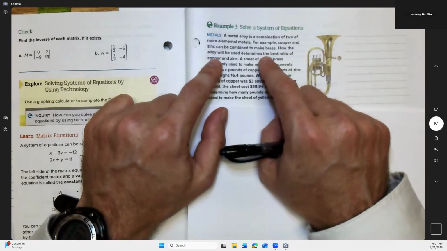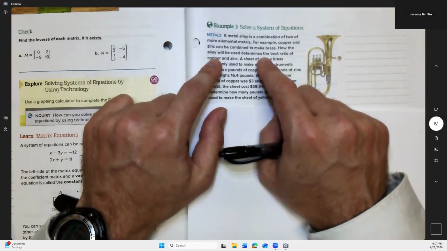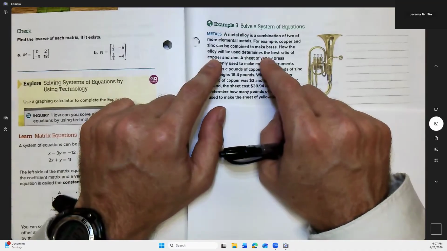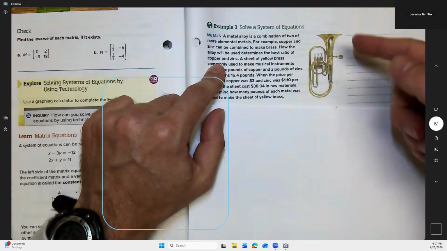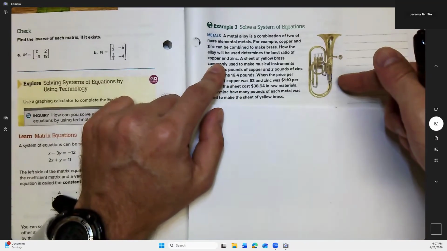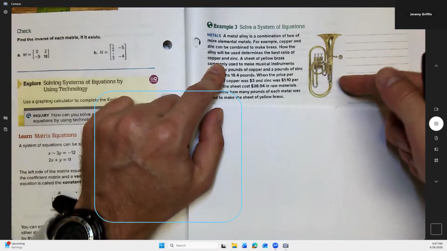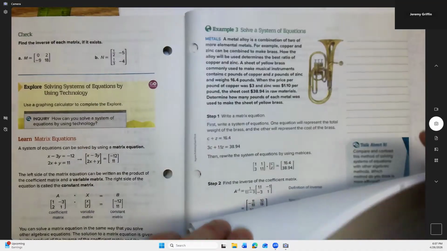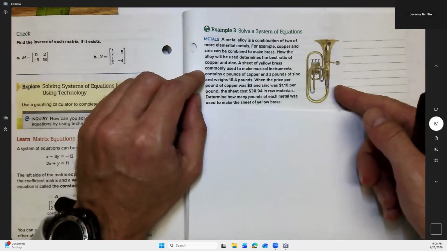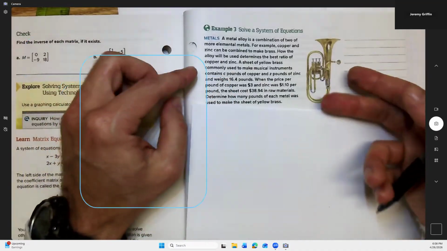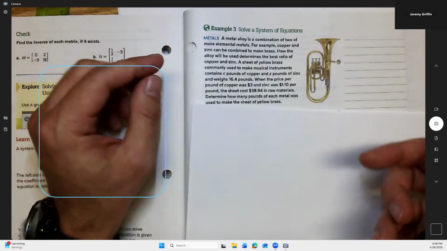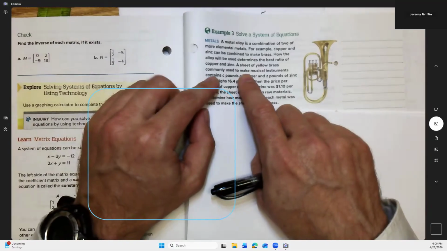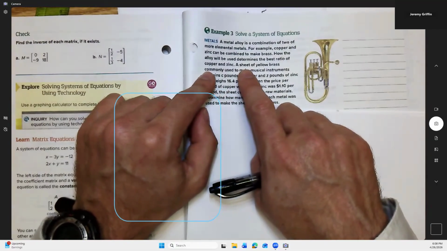How the alloy will be used determines the best ratio of copper and zinc. So if we're making a trumpet or whatever this brass instrument is, maybe you want a particular mix of copper and zinc, but if you're making something structural, you want a different mixture, different proportions.